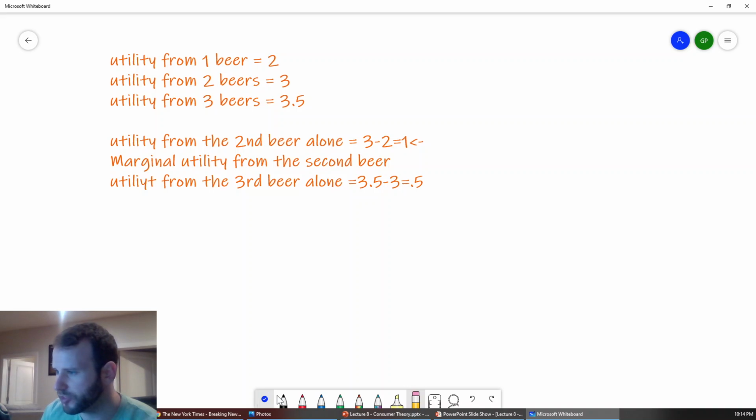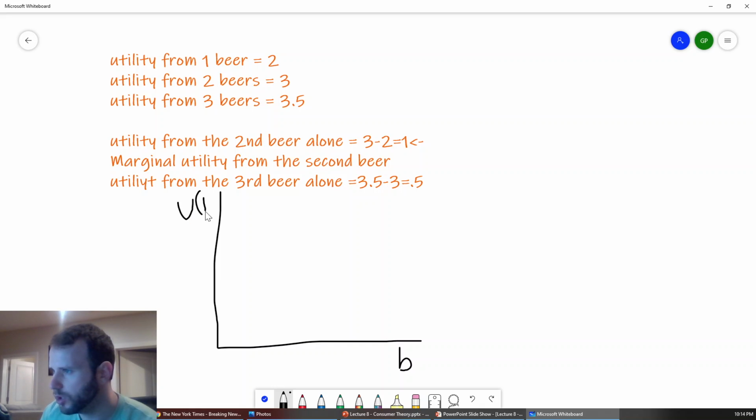So if I were to just plot this out, on the x-axis I have B for beers, and on the y-axis I have U for utility, the utility I get from beers in particular. So at the first beer, I get 2, and then what do I get from the second beer? I get 3. Oof, I cannot keep my hand straight.